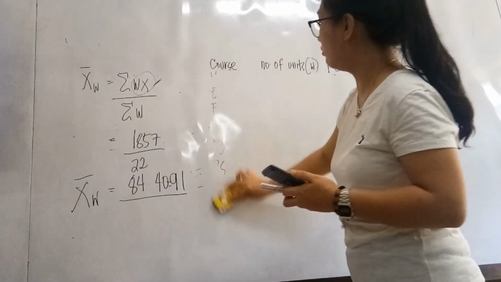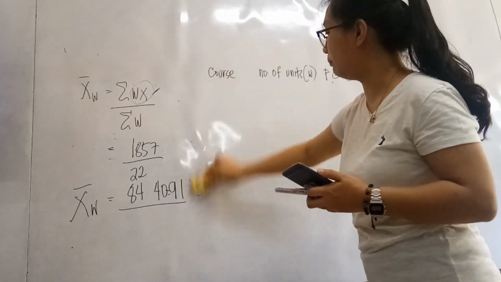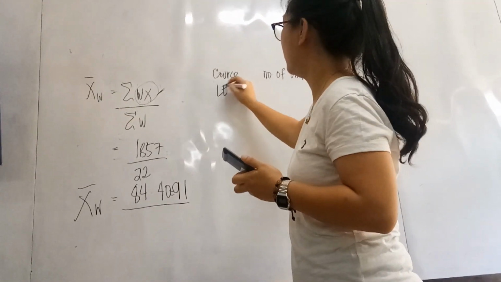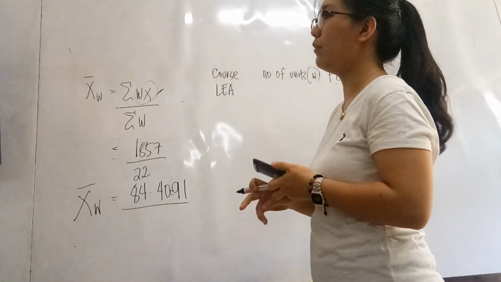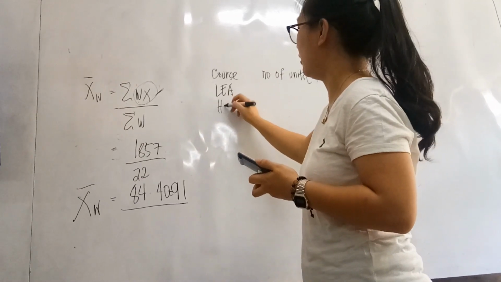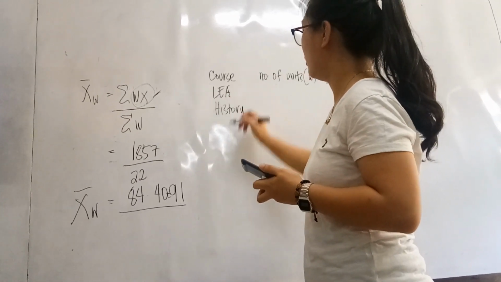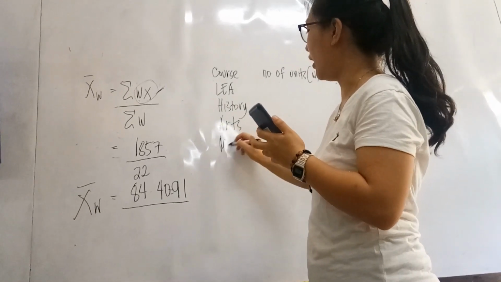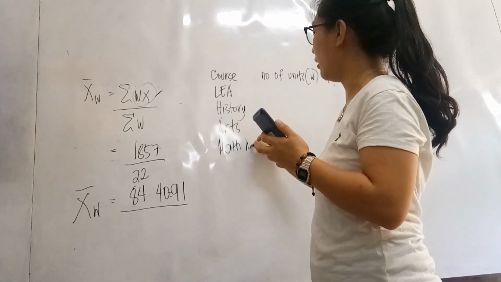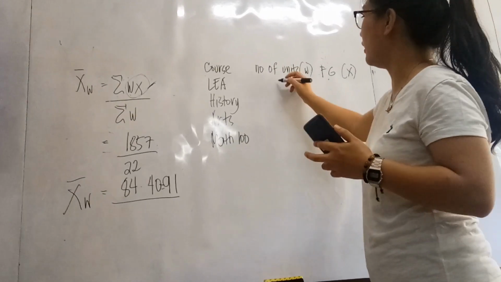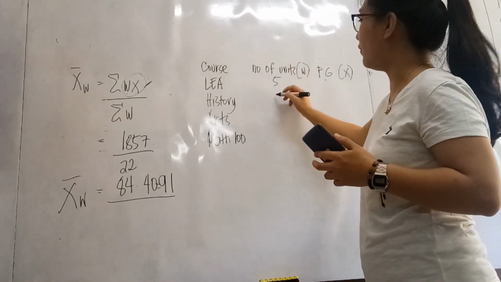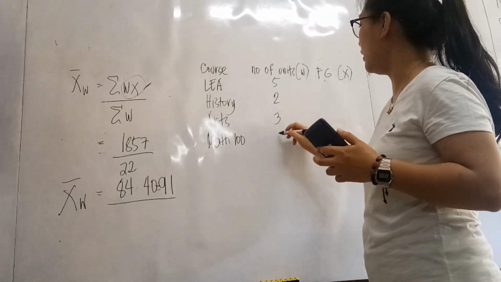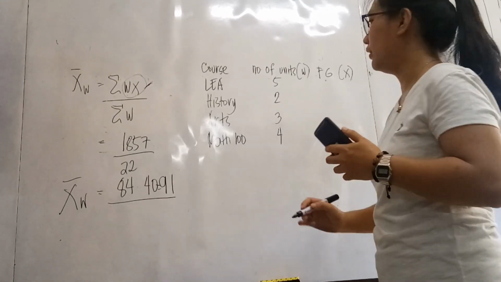So for example, let's change the courses. What are your courses again? Leia, history, arts, of course math. Math 100. And let's have the number of units to be 5, 3, and then 4.